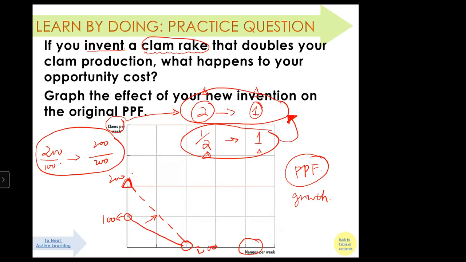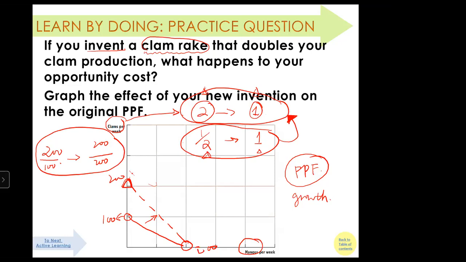Right? And so from here, you should immediately realize, after the technology progress, you may want to produce more clams and produce less mango, because clam is cheaper for you to make and mango is more expensive for you to make. Now, if you extend this to the international economy, for example, there's another island close by you can trade with.